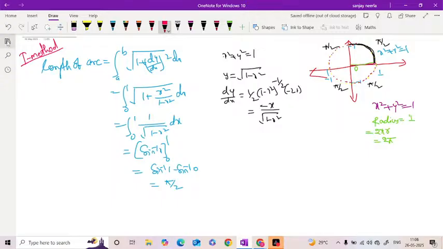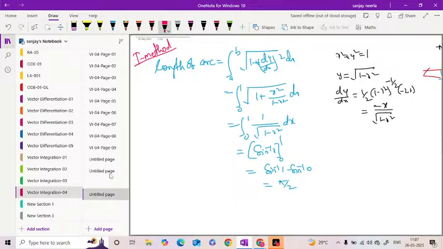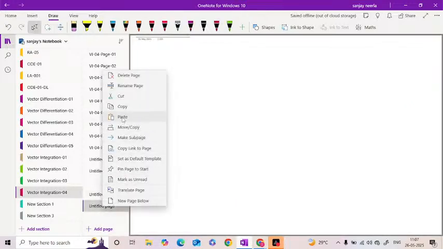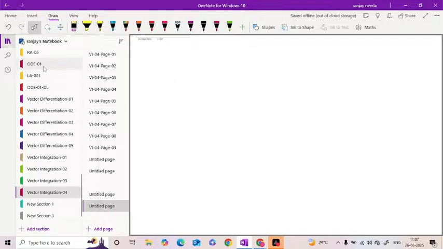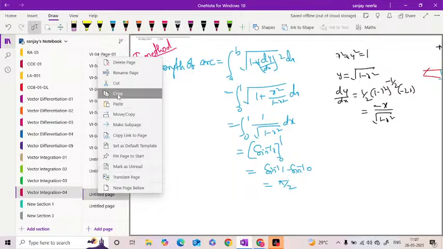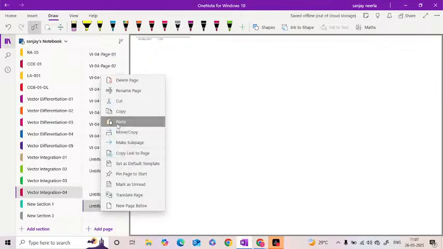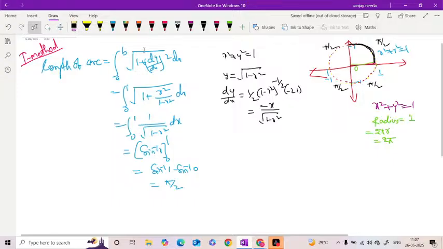Similarly second one. So second one, I am copying this total. Okay, now here same formula I can write.